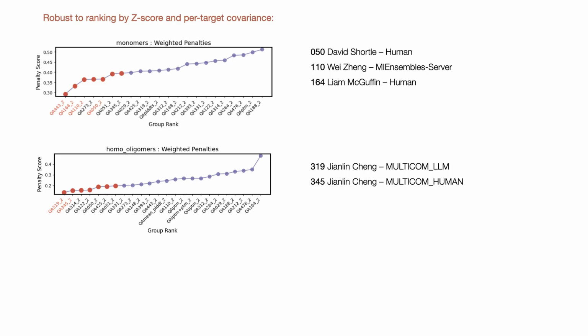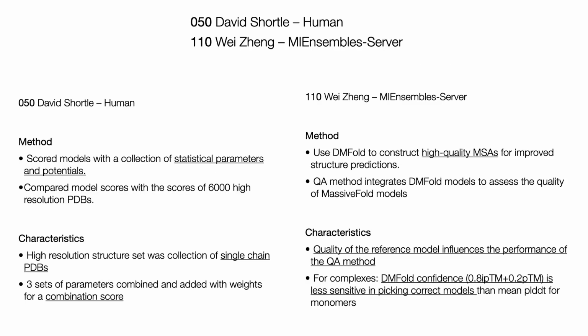We'll hear about them more later today, but David Shortle's method is actually much more based on some statistical observations just from a data set of high-resolution structures from the PDB and some physics-based potentials, whereas MI ensemble servers is relying on high-quality MSAs to find a really good reference model, and then from there having a quality assessment metric.